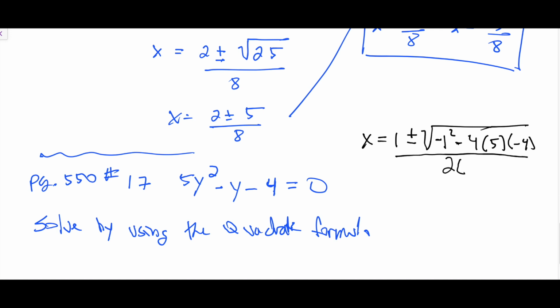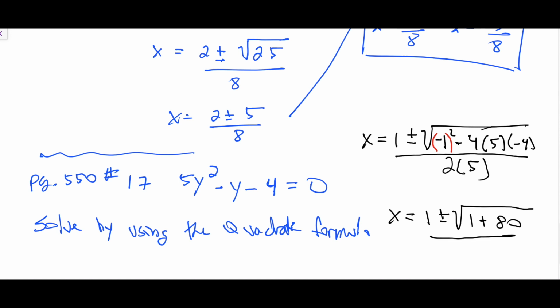All right. Okay, now what? Then you put x equals 1 plus or minus the square root of -1 times -1, which is 1, and a better way to put it would be in parentheses like that. Minus 4 times 5 times -4 is plus 80, all over 10.